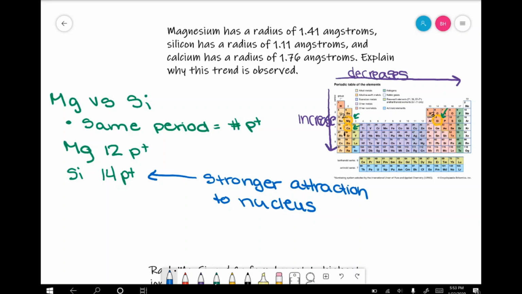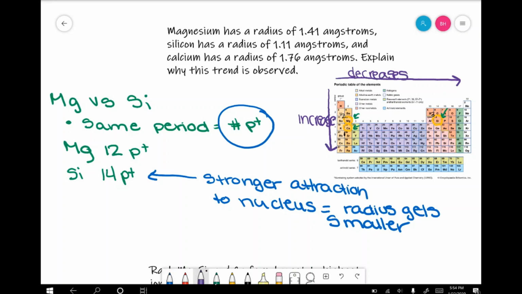And when they hold them a little bit closer, the radius gets smaller. So when you're looking at this in the same period, you're going to be focusing on the number of protons. That's going to be why you observe the trend that you do.